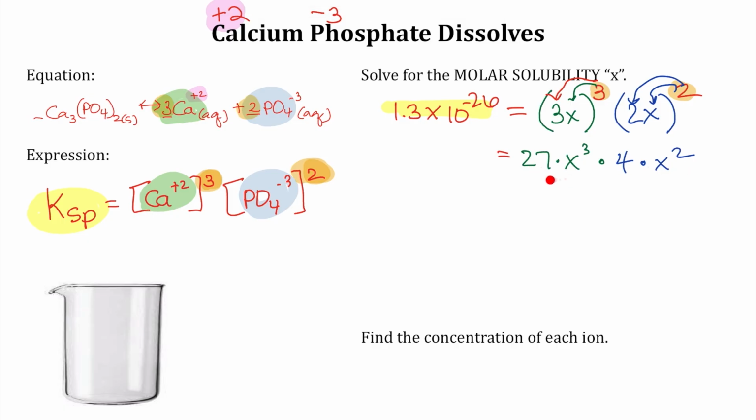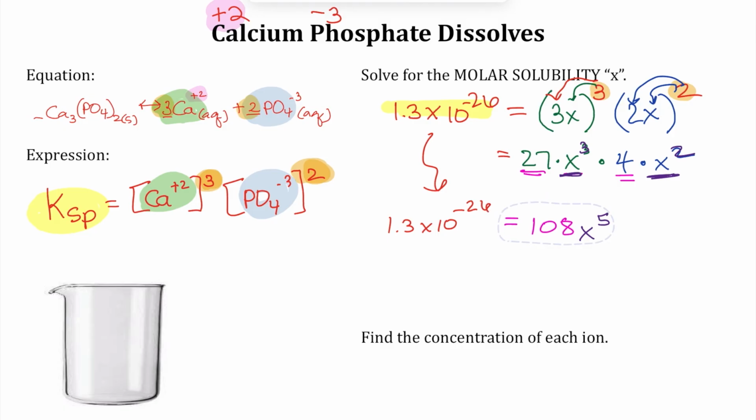Simplifying on the left to get all of those numerical values together and my x's together, I'm going to have that 27 times 4, which is 108, and then I have x cubed times x squared. Well, x cubed times x squared, if we add the exponents together, we get x to the 5th. So 108 x to the 5th is going to equal that 1.3 times 10 to the -26.